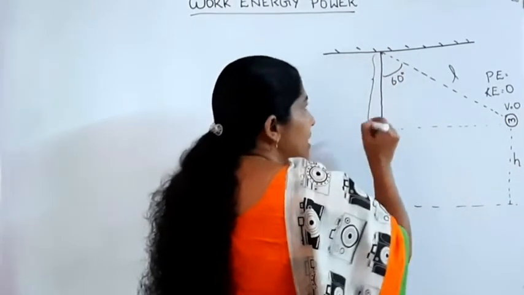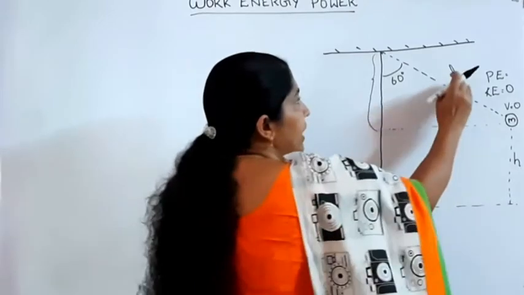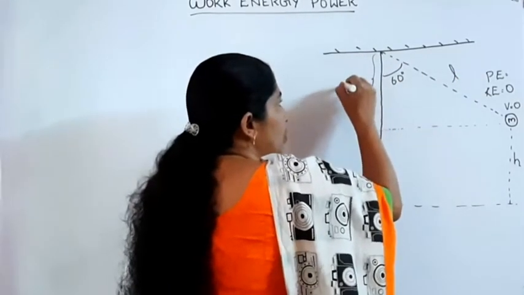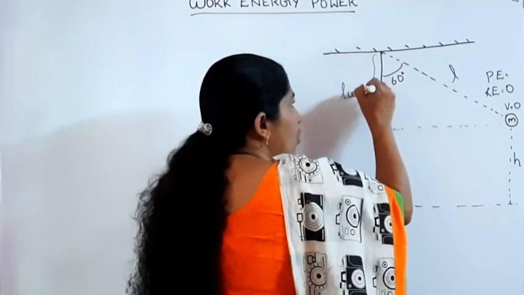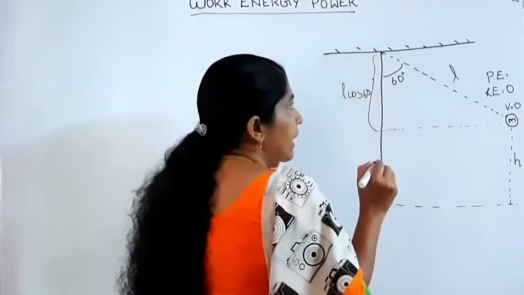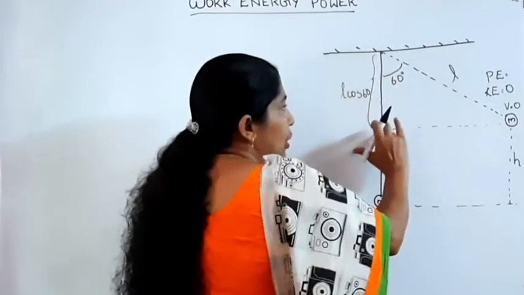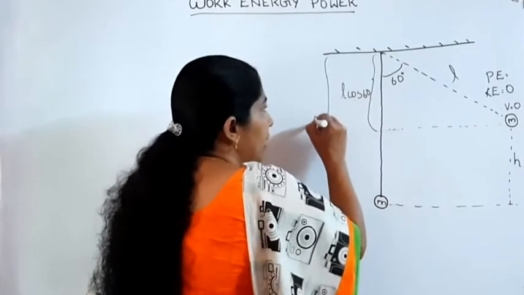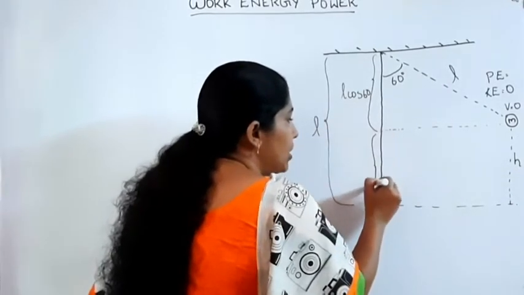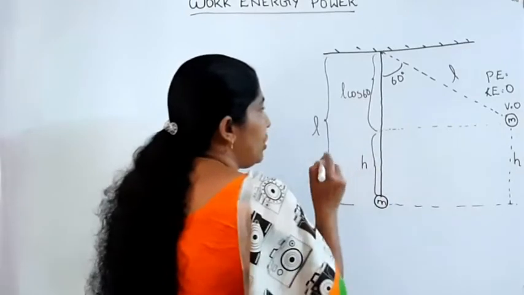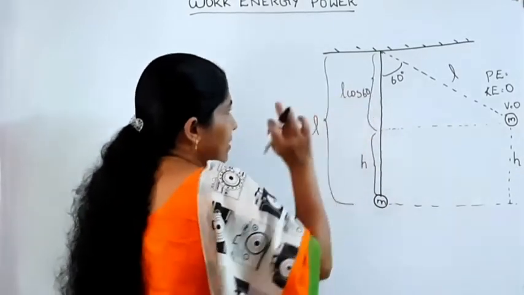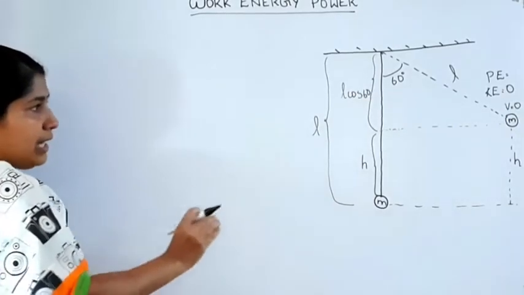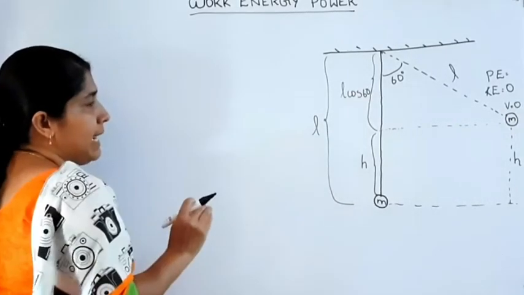Here the length of the pendulum is L, and the component of L here is L cos 60. Then this much length is equal to L cos 60. The total length of the pendulum is L. Then the height H is equal to L minus L cos 60. L minus L cos 60 is the height of the pendulum when it is inclined at an angle 60° with the vertical.